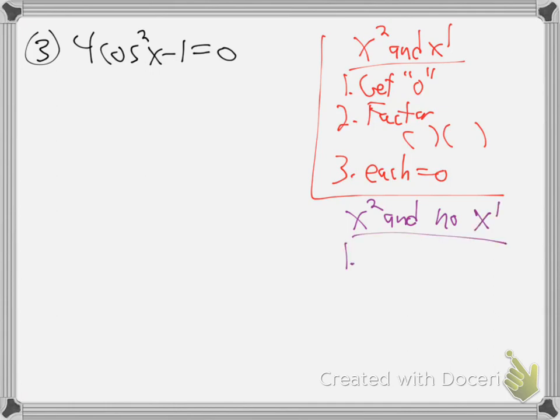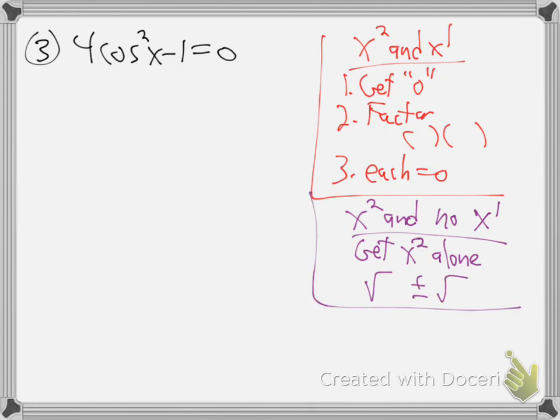Step number 1: get x squared alone, do a root and a plus or minus root. So all you got to do is, it's much easier. That whole three-step process I was giving you is true, but you only have to do that when you have x squared and regular x.